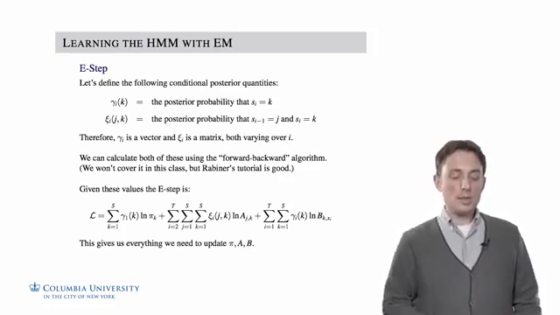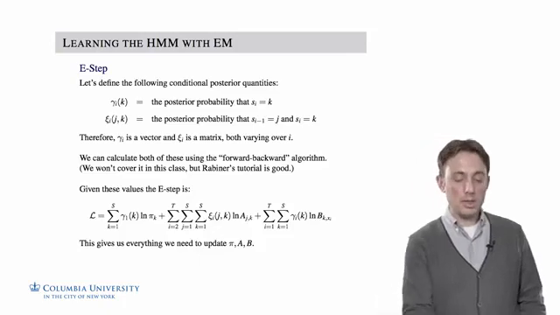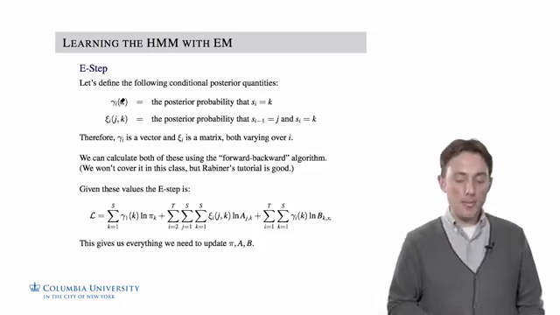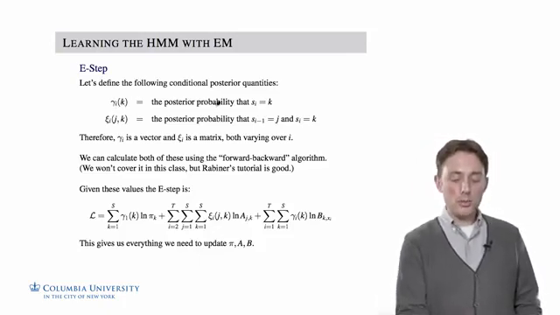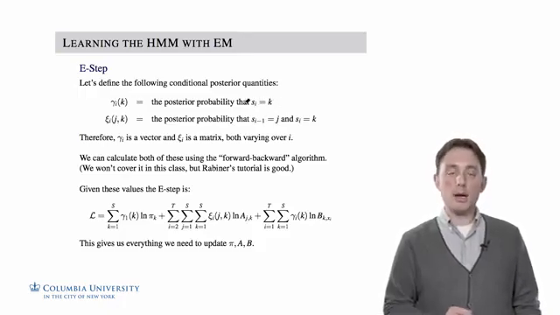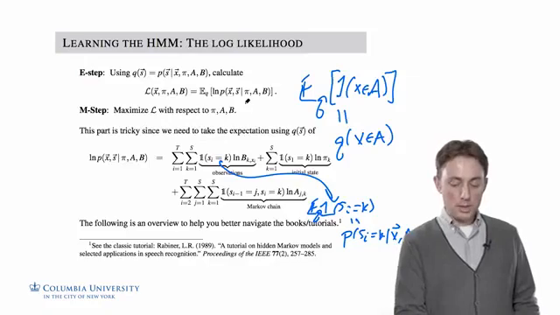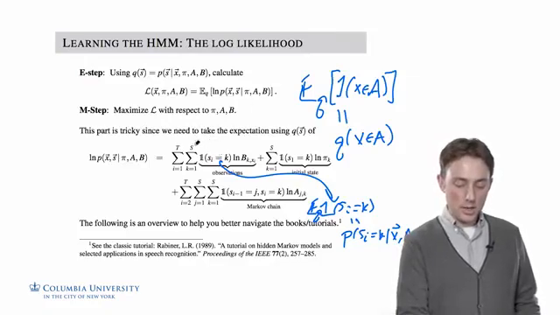So in the E step, let's define two things. Let's define gamma_ik to be the conditional posterior probability of being in state k at time step i. So that corresponds to this. The expectation of this thing is equal to gamma_ik.